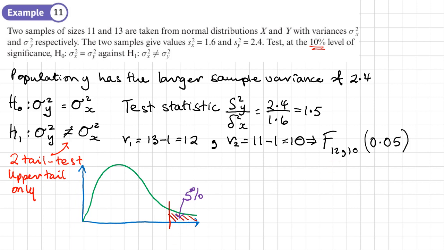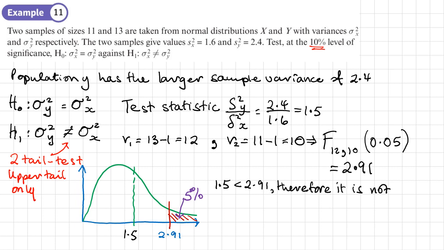So we can look this up in the table, and that gives a value of 2.91. So that means that this value here is 2.91. Our test statistic was 1.5, so it's over here. It's not in a critical region. Okay, so we'll say that 1.5 is less than 2.91. Therefore, it is not in the critical region. And I'll just put CR for critical region.